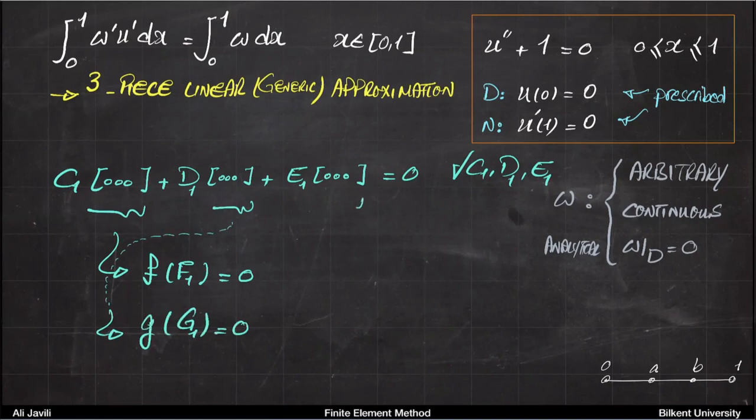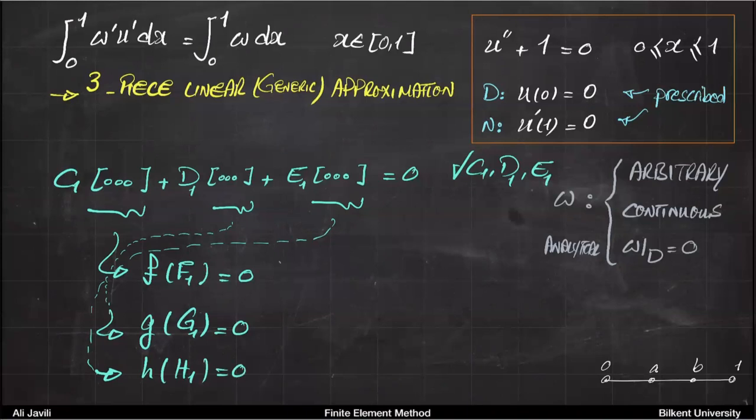And the last one gives you another function in terms of H1 is 0. So now you have three equations, three unknowns, and you can calculate F1, G1, and H1.